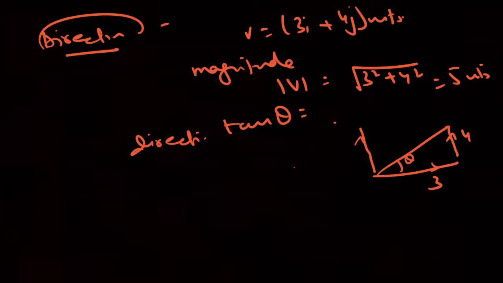So in order to find tangent theta, the value is coming 4 over 3, and taking the tangent inverse you are getting a value of 53.13 degrees.